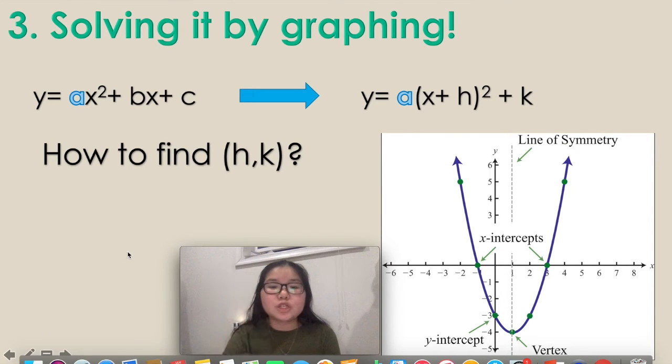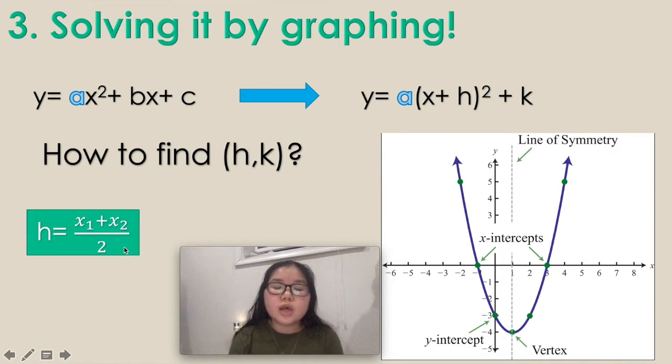How to find h and k. You can find h and k by the formula. x1 and x2 are the solutions of your quadratic equation. You can find h as the average of your solutions.